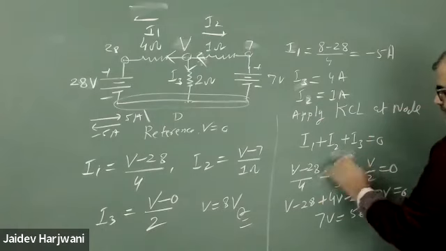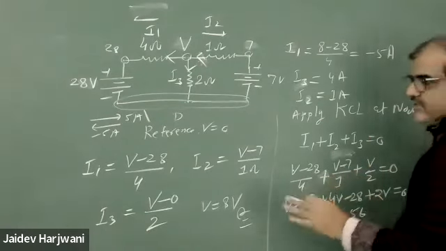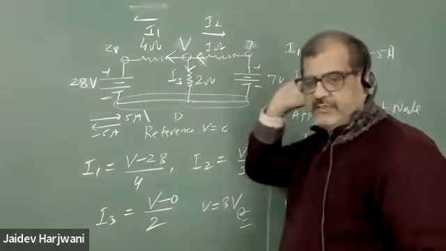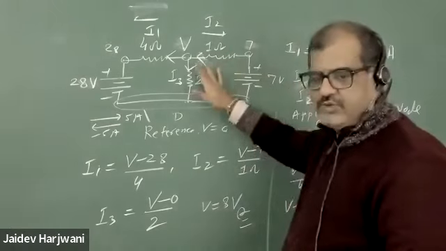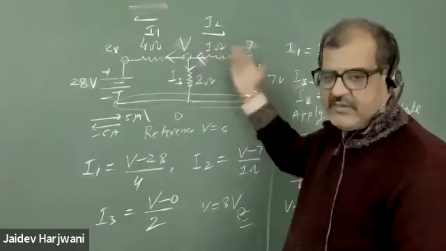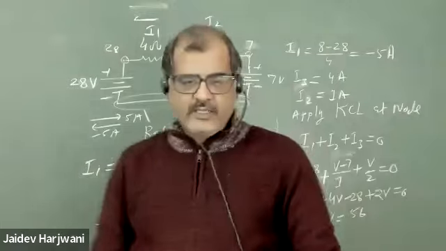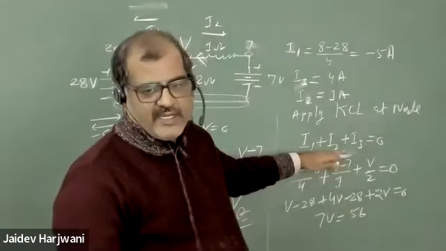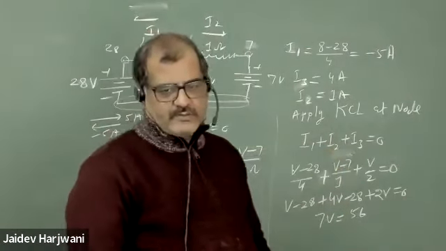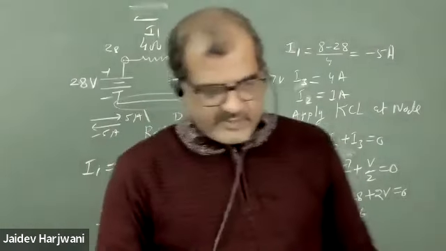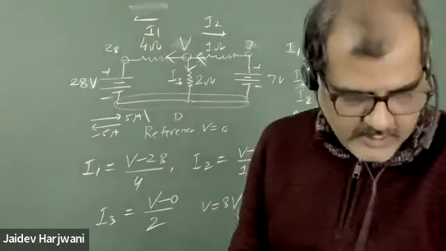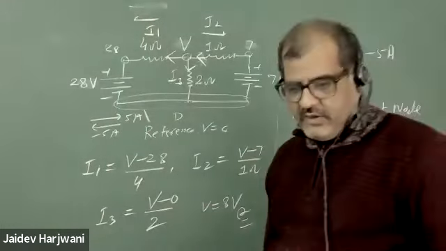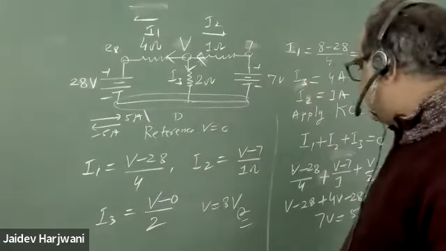So nothing changes if you change the direction of current. Whether you make it incoming or outgoing is a totally random choice. KCL will automatically take care of directions. That's why this is a very powerful and simple technique. You can very quickly find the unknown voltages.